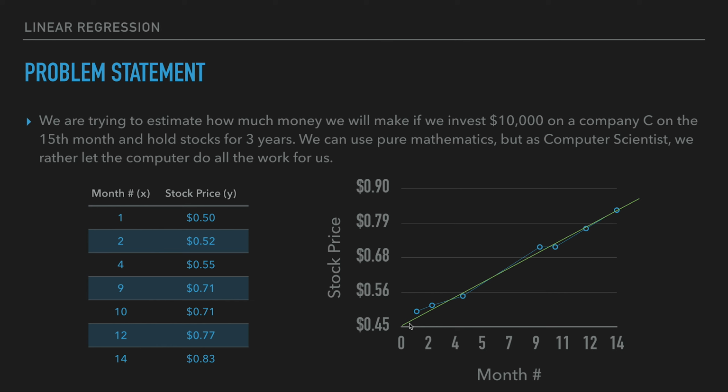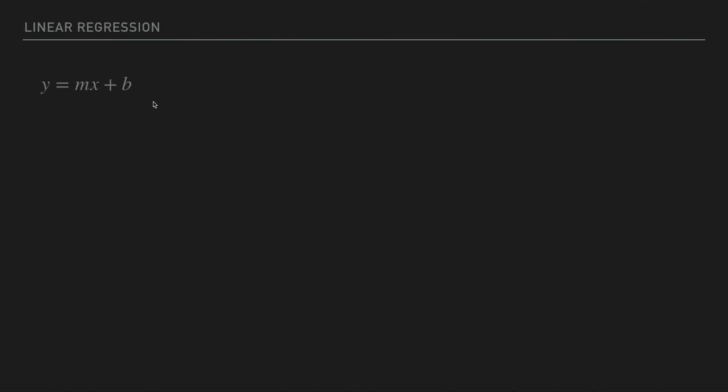So what we want to do is find out what model makes this line as accurate as possible. So let's move on, right? So this is the equation of a line. And remember, we are trying to make a line, so we need to know what the equation of a line is.